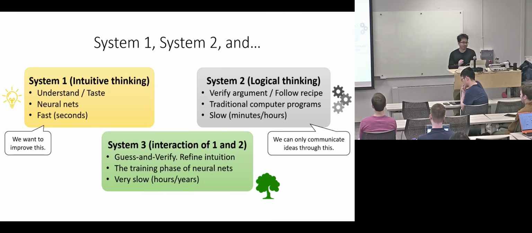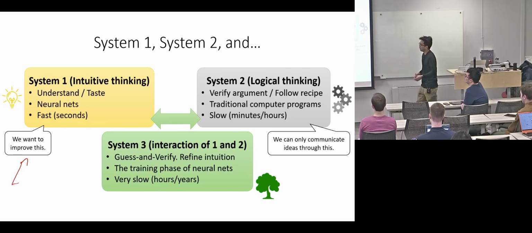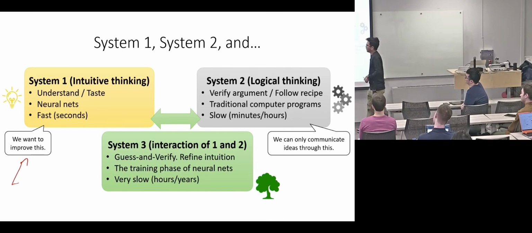The way to improve System 1 is basically through the interaction of 1 and 2. You use System 1 to guess, and verify using System 2. And this interaction between the two is how you refine your intuition.